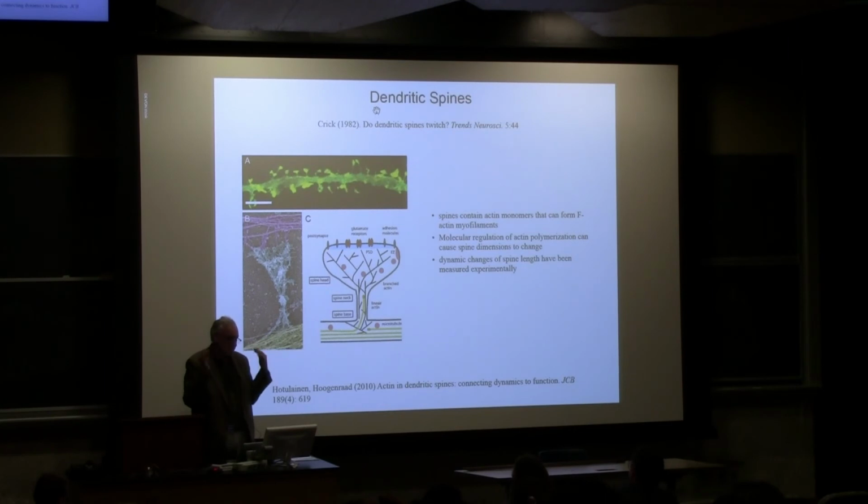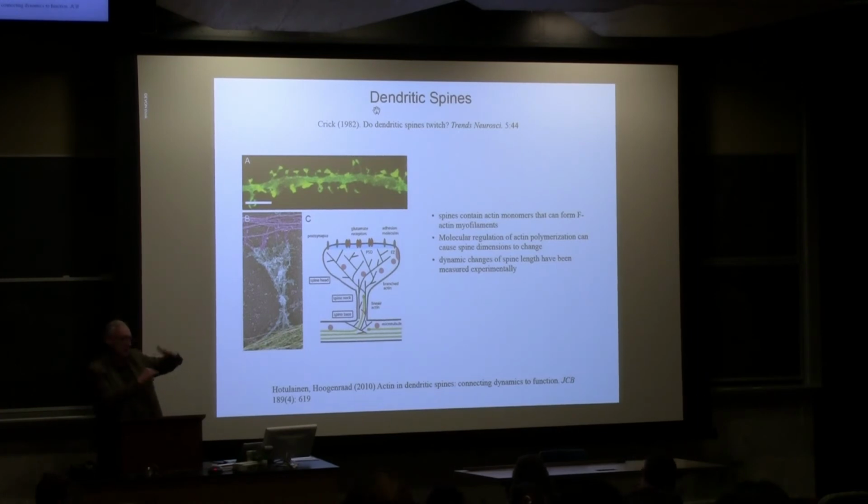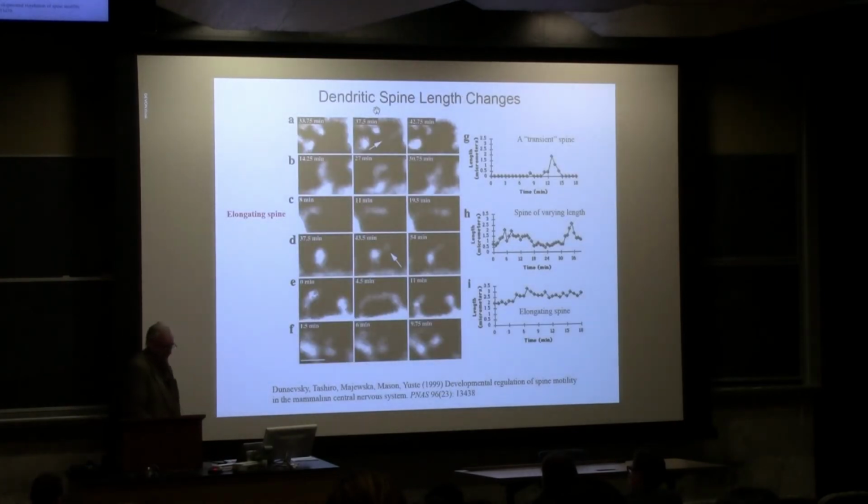So Francis Crick was speculating, what if these actin polymers could assemble and disassemble and thereby control the length of a spine, that spine shaft? And he thought that would be a way of controlling synaptic weight. So Christof Koch heard this and scrambled off, and with Tommaso Poggio began analyzing some of this.